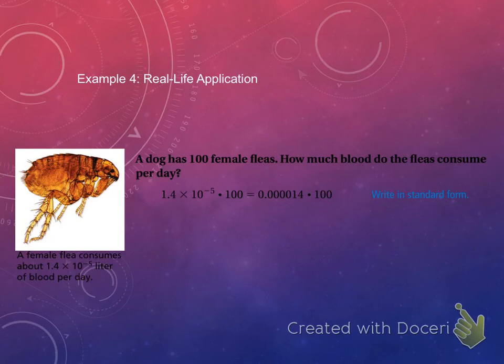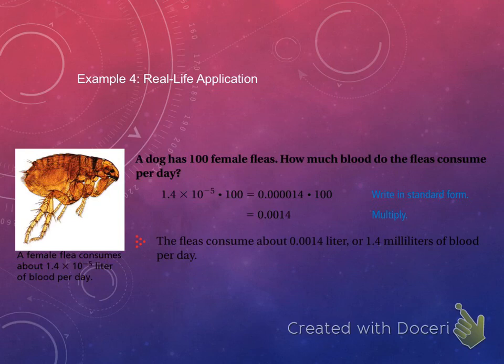So, first off, I'm going to remember that this is a negative exponent, so I'm going to move my decimal point to the left 5 spots. And we end up with 0.000014 times 100. So now that we've got it in standard form, we can multiply. When we multiply that, we end up with 0.0014.